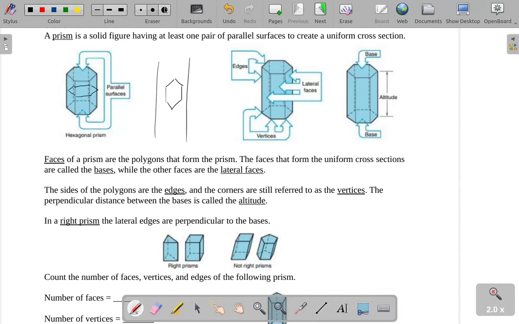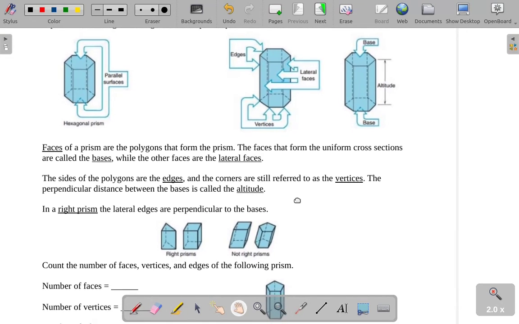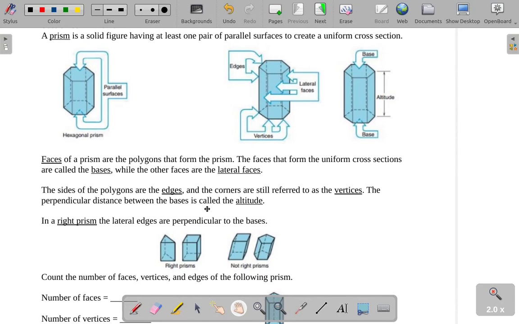In any case, we describe that as an extrusion. You don't really need to know that for this class, but this is where you typically see prisms when you're talking about extrusions. And extrusions are incredibly common in manufacturing because they're pretty easy to do. So, in any case, prisms are what we get when we extrude like that.